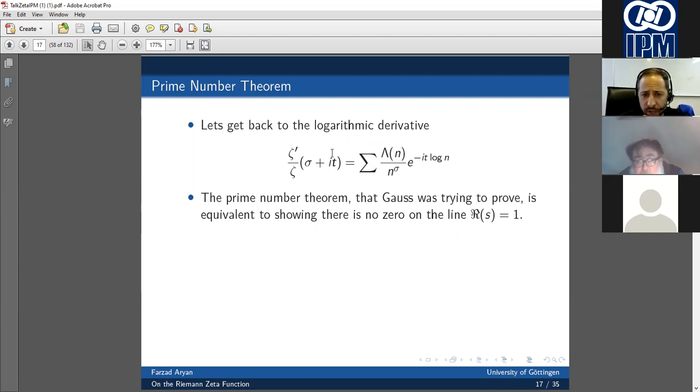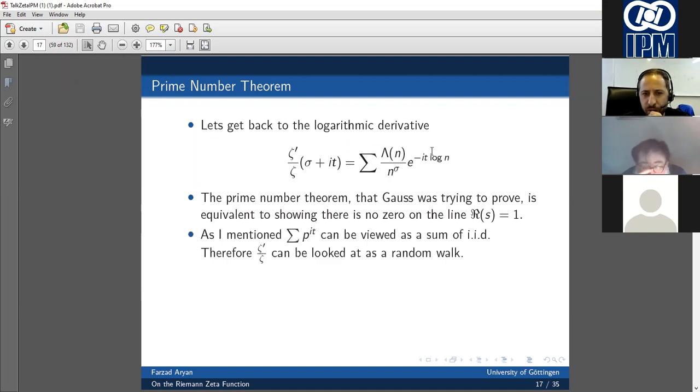If you look at the series expansion of the logarithmic derivative, as I said, this is basically supported on primes. And p to the power it, which would be e to the power it log p, they behave like independent random variables. In a way, you can look at them as a random walk.